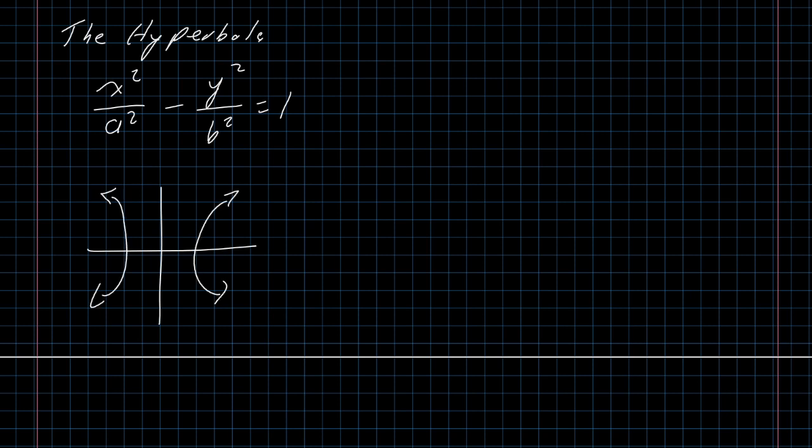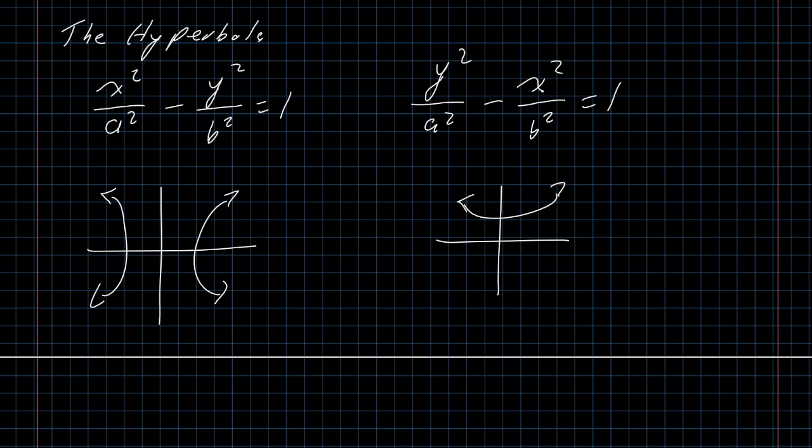And a hyperbola is kind of a shallow-ish parabola, but it mirrors itself. This particular hyperbola opens in the x direction. If I switched which one was positive and which one was negative, I would get a hyperbola that opens upward and downward.